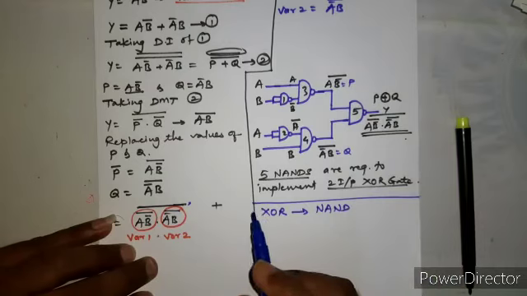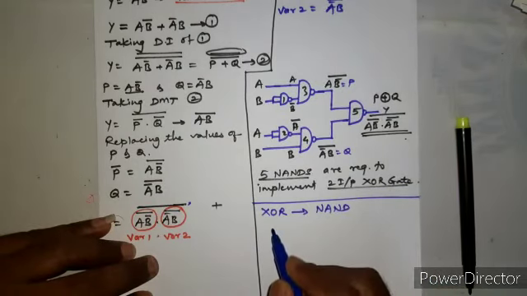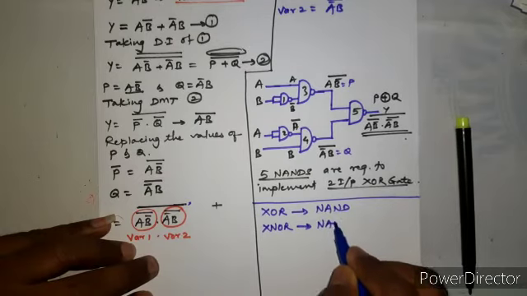Okay, so again you need to have practice of this, right? Now you can try XNOR gate using NAND gate.